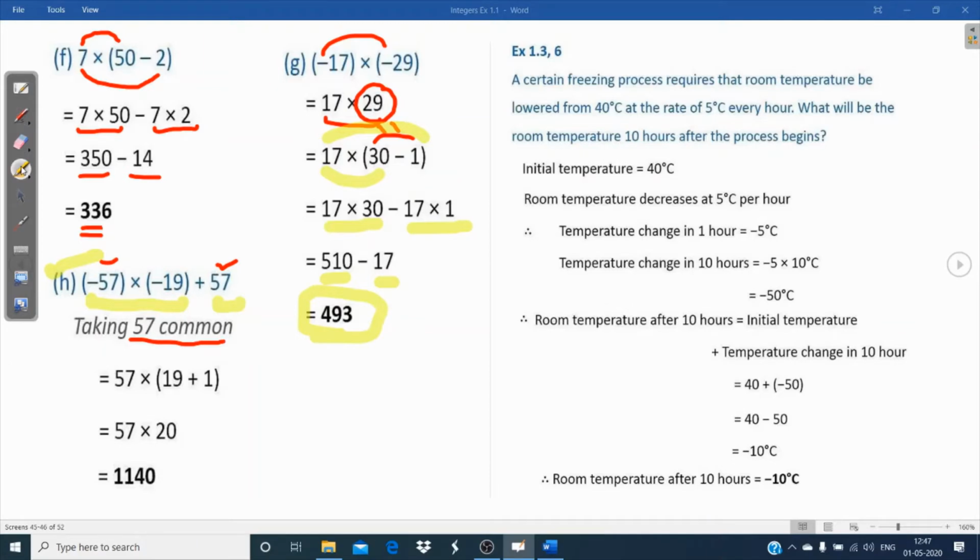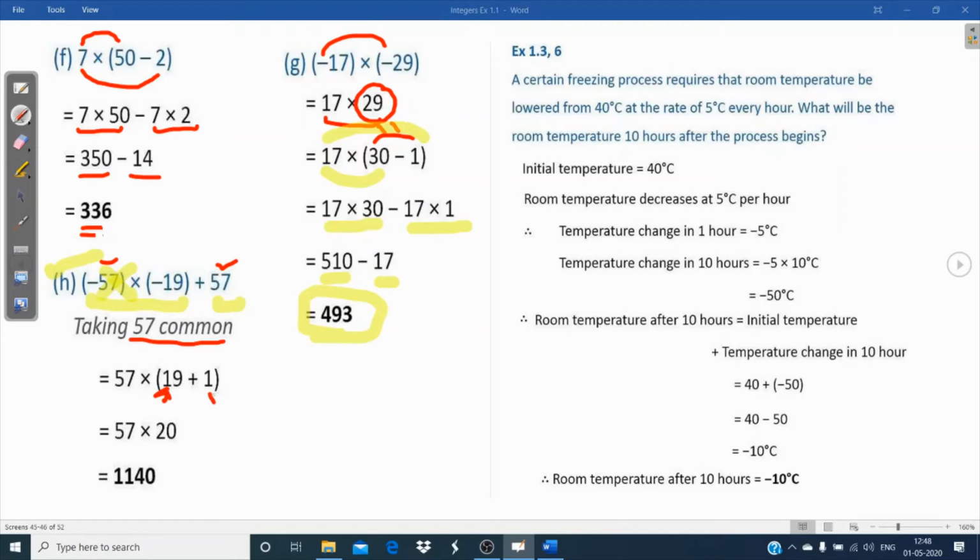Now since we have taken 57 common, what's left? Since minus sign is left, and this minus minus will become what? Plus. That's why here 19 is with plus sign. Plus sign as it is, and from here we have taken already 57 common. So 0 will not be there, student. Since 57 was the only term there and we have taken that 57 common, what is left? 1 is left.